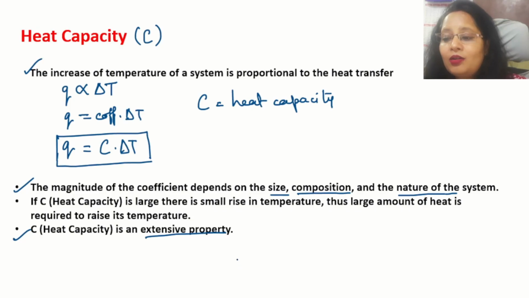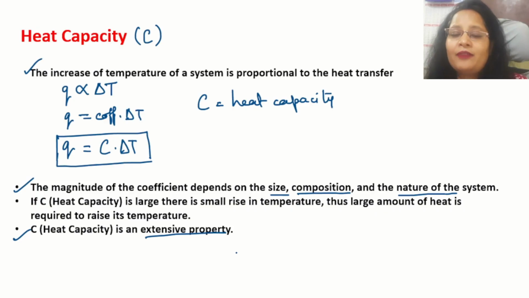Now, one more important point to understand heat capacity better: if the heat capacity is large, there is a small rise in temperature. So for a substance whose heat capacity is large, we have to give a big amount of heat to raise the temperature.